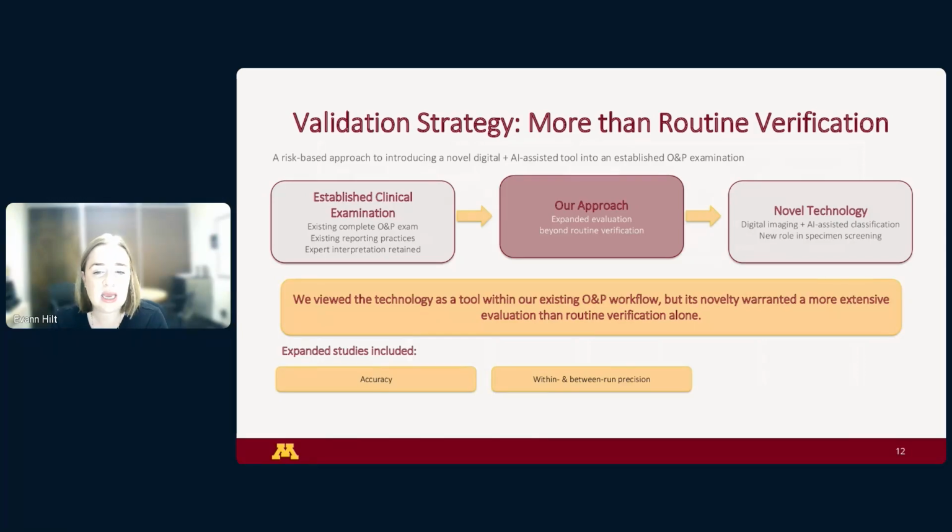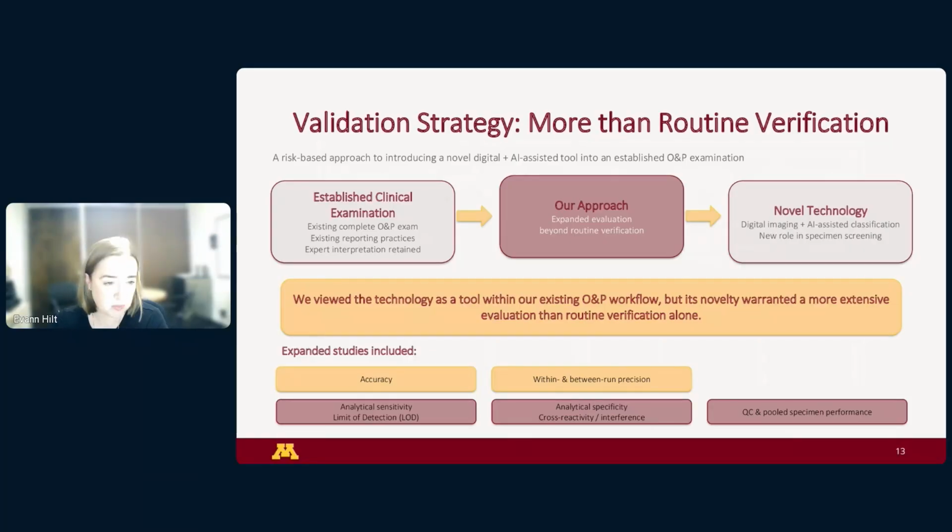What I have listed below are what you would consider for a simple verification, your accuracy as well as your precision studies. But what we ended up doing was a little bit more in-depth: additional analytical sensitivity with a limit of detection for various organisms. Also some specificity, looking at different cross-reactivity or interfering substances.